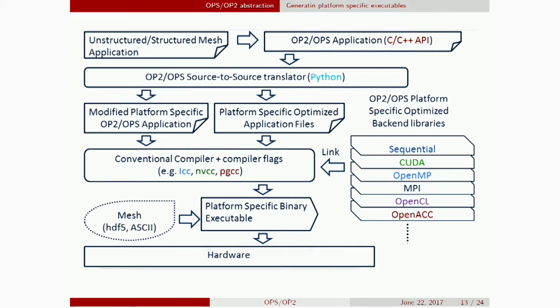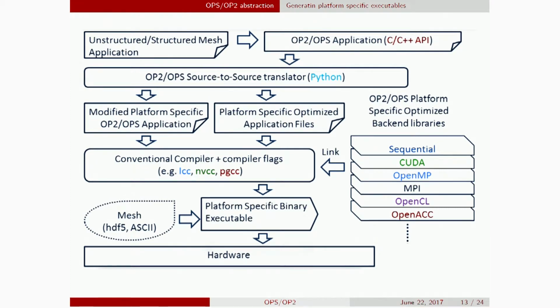So how does the library work? First of all, we create the OP2 or OPS implementation of the application. Then we run the source-to-source translator in Python, and inside the source-to-source translator we have the optimizations, and we get the optimized source code and source files for our application.